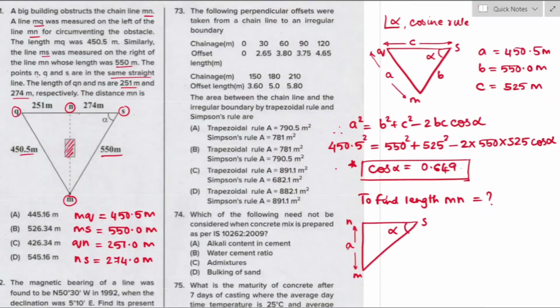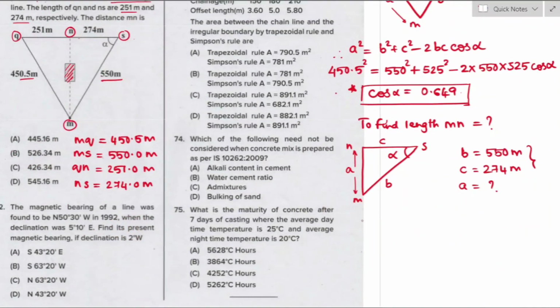So let us assume it as A, the value of B is equal to 550 meter and the value of C is equal to 274 meter. So we have to find the distance of MN, that is, A is equal to how much.